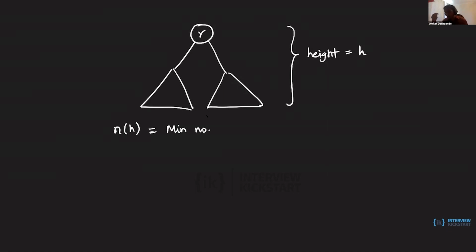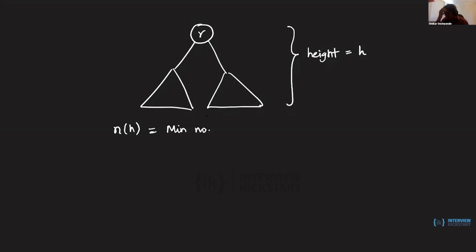So we want to argue that the number of nodes in this tree is some exponential function of h. So I'm going to argue that even the smallest possible tree that you can construct of height h is going to have an exponential number of nodes in h.